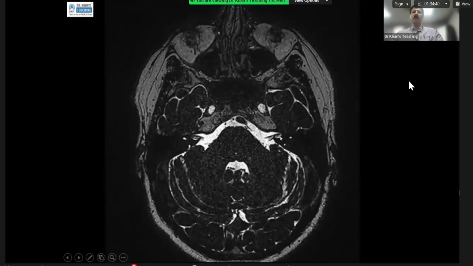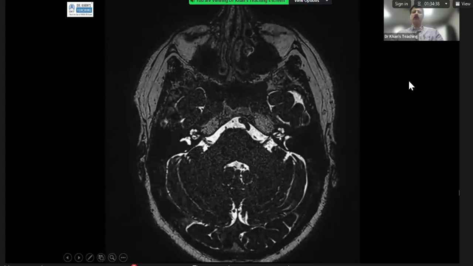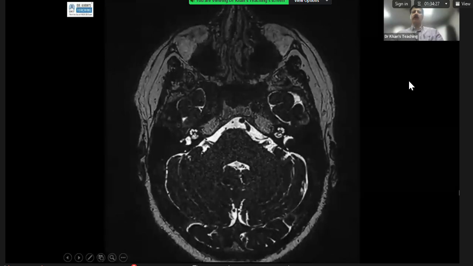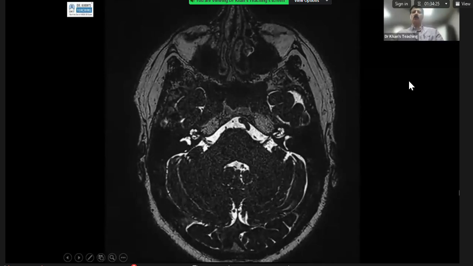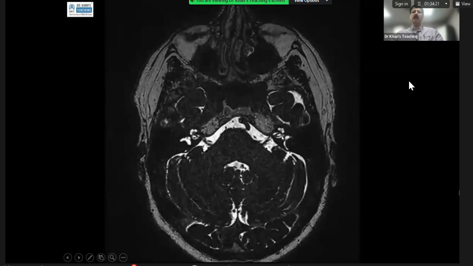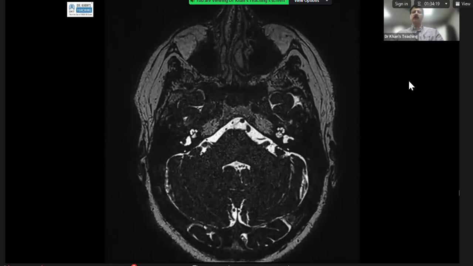But they join together and make a thicker nerve here, and then it goes into the pons. So this is the vestibulocochlear nerve, which divides into the cochlear component and two vestibular nerves, superior and inferior.